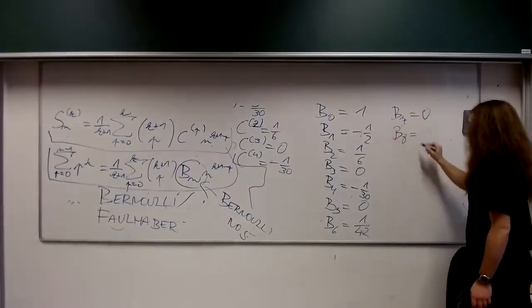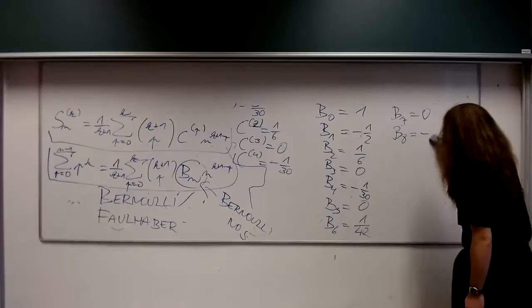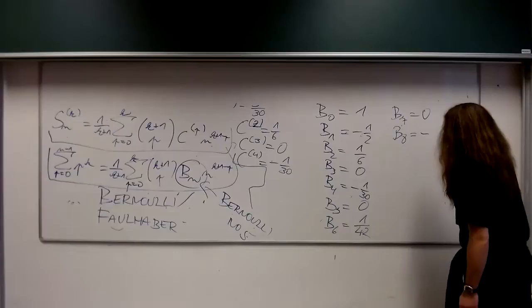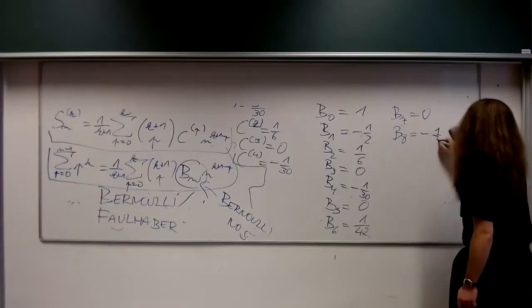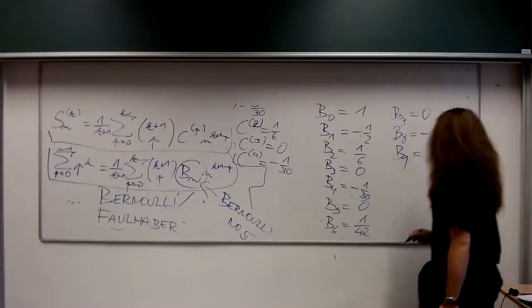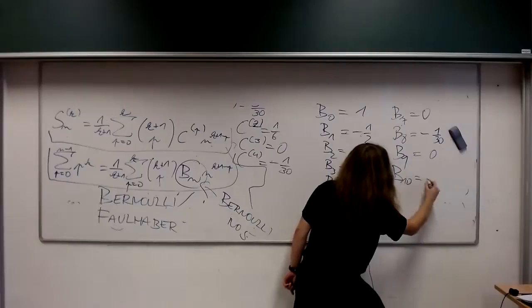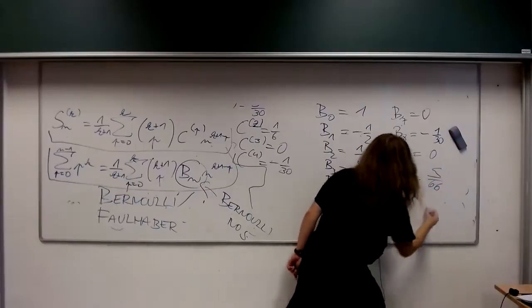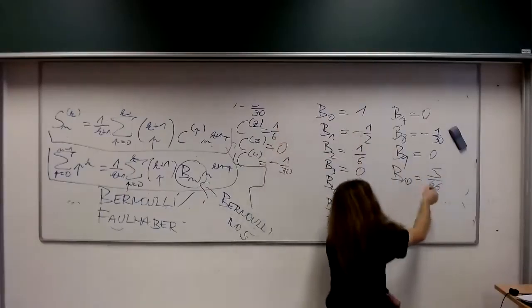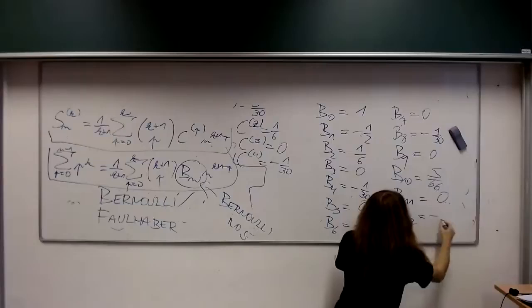B8, that's minus 1/3. Oh, I'm sorry. That's okay. Yeah, it is true. It's minus 1/30. B9 is a 0. B10 is 5/66. And those denominators get pretty wild, but you get the idea.